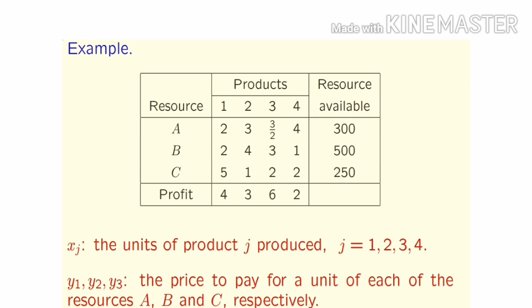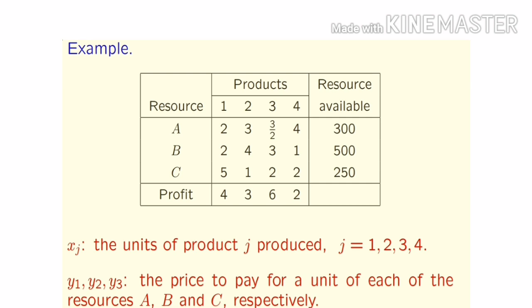Obviously for nutrient A the constraint will be 2x1 plus 3x2 plus 3/2 x3 plus 4x4 less than or equal to 300. Similarly for nutrient B and nutrient C the constraints will be 2x1 plus 4x2 plus 3x3 plus x4 less than or equal to 500 and 5x1 plus x2 plus 2x3 plus 2x4 less than or equal to 250, and the non-negativity constraints x1, x2, x3, x4 greater than or equal to 0 will also be there. So this is the problem which consists of maximizing the profit of the company.